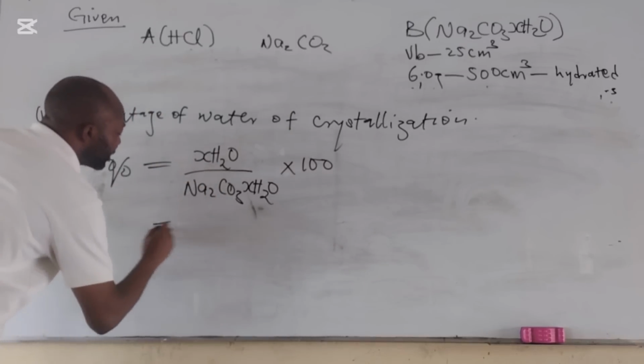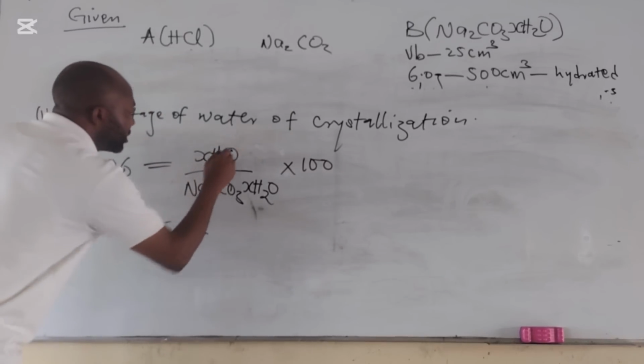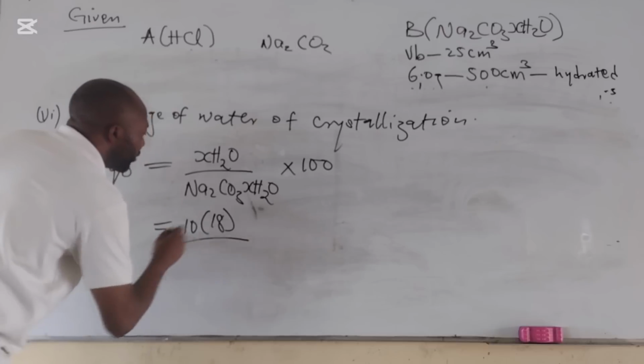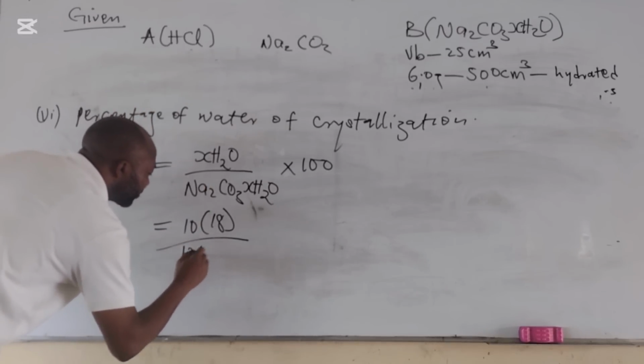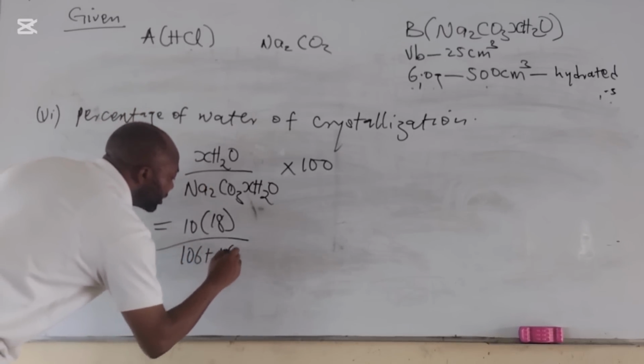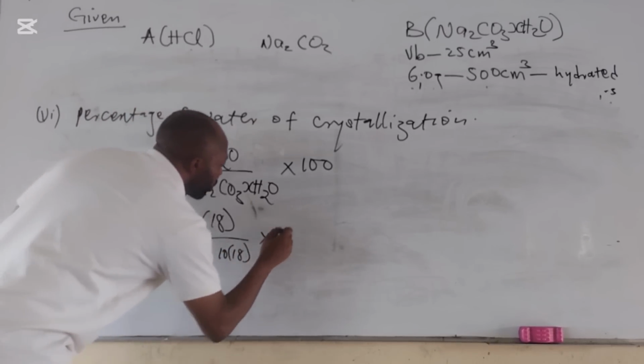The x is 10. So 10 times 18 over 106 plus 10 times 18, times 100.